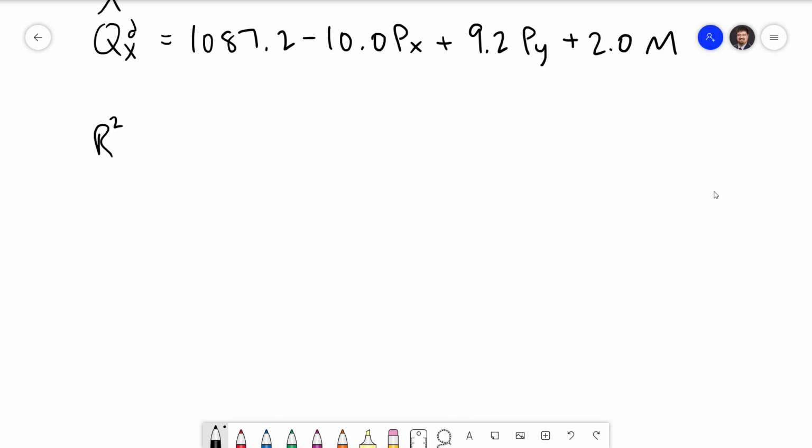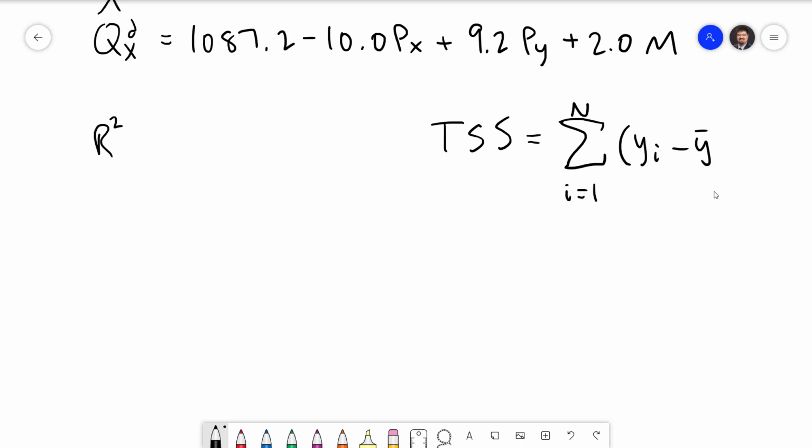Before we calculate R squared, we're going to need to define a few other things. First is the total sum of squares, which we just call the TSS. The total sum of squares is a measure of the total amount of variation in our sample. So what we're going to do is take yi minus y bar, square them, and add all those up for the entire sample.